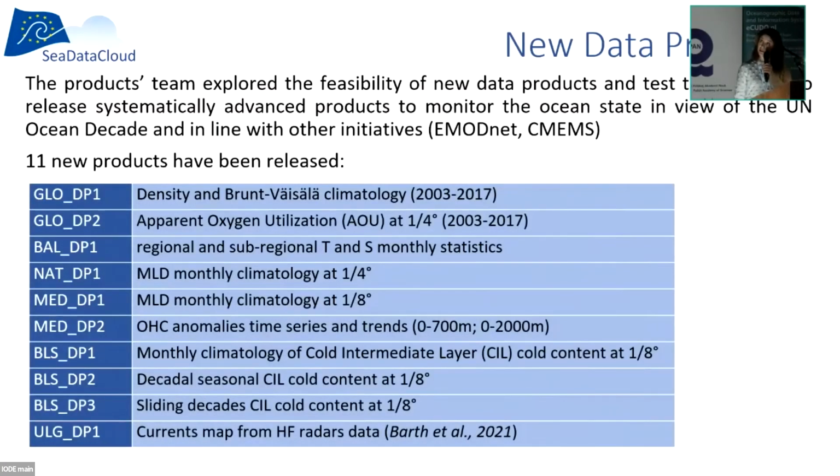New products. The products team explored the feasibility of new data products and tested the release of advanced products to monitor the ocean state, in view of the Ocean Decade and in line with other initiatives.